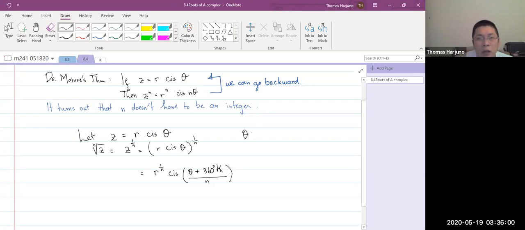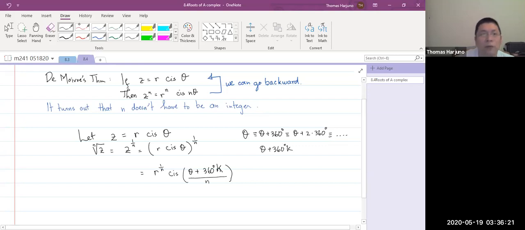Because theta is coterminal to theta plus 360 degrees, which is coterminal to theta plus 2 times 360 degrees, and on. They are all coterminal, right? Theta plus 360 degrees k. Now, when you divide by n, you divide this by n, divide this by n, divide this by n.